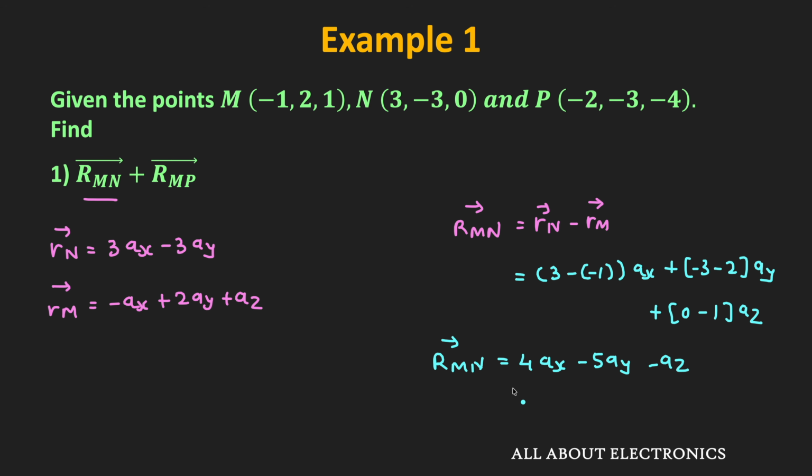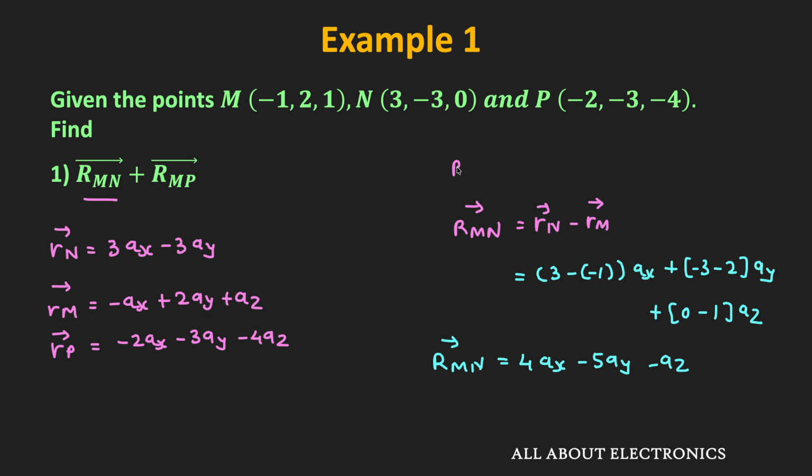Similarly, let us find the vector Rmp. For that, we also need the position vector Rp, which can be given as minus 2ax minus 3ay minus 4az.